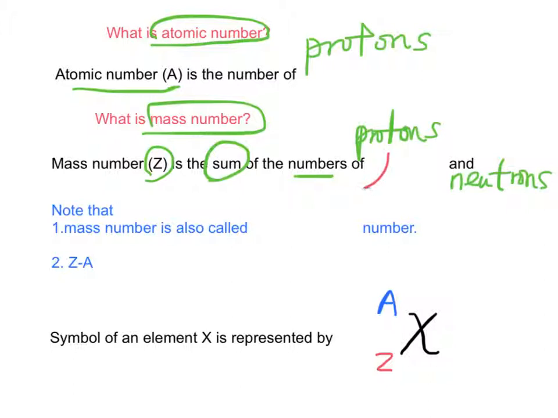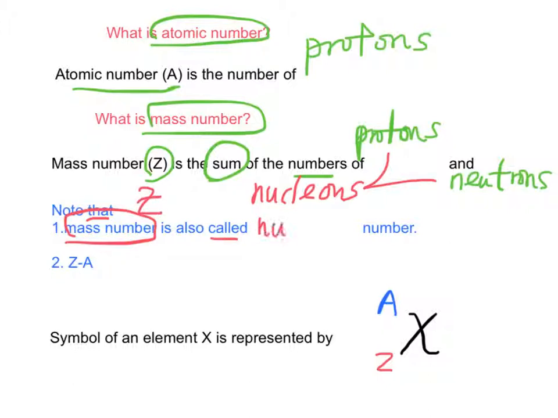Both protons and neutrons are called nucleons. Therefore, mass number A is also called nucleon number.